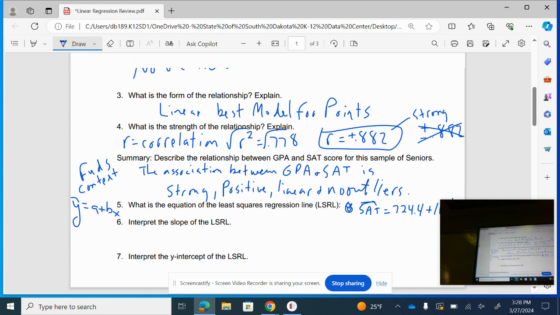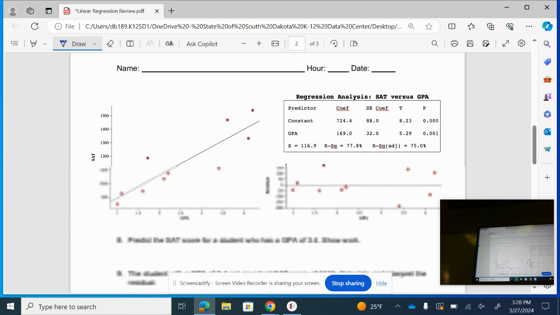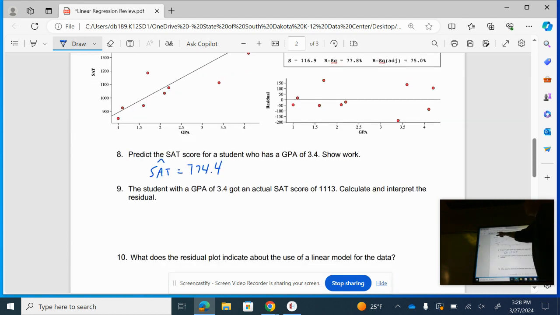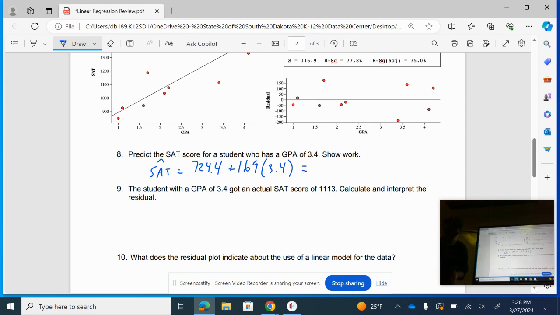It's not ringing right in my head. 724.4 plus 169 times 3.4. If you get something like this on the AP test, make sure that you show your work. Type that in the way you see it. Sorry, I can't get the right angle. My sunlight is goofing me up on here. All right, but you should get 1,299.